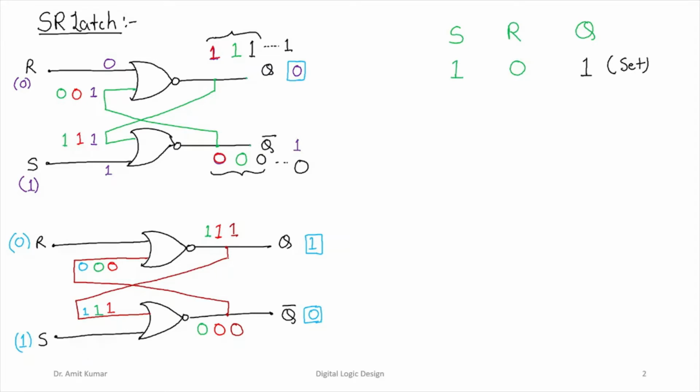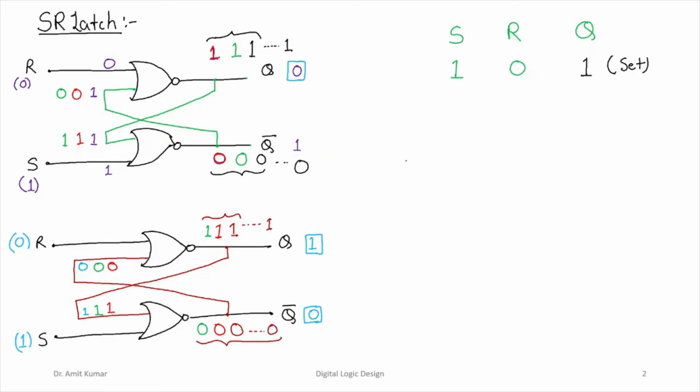So basically what this feedback mechanism is now doing is always keeping the output of the uncomplemented terminal as a 1, and the output of the complemented terminal is always going to be a 0.